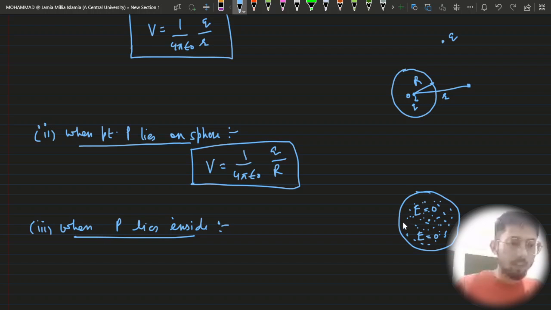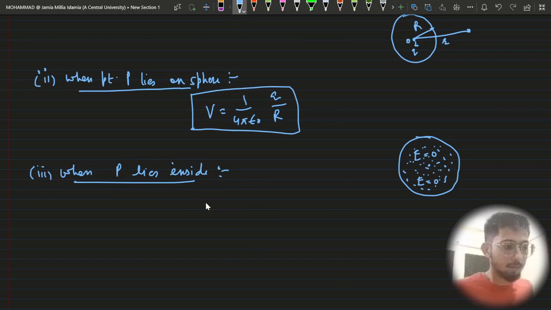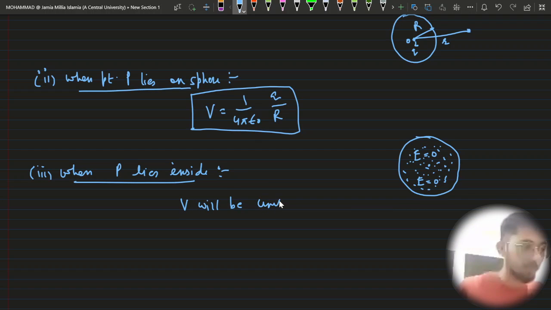Now when E is 0 at any point, that means the potential will be uniform, V will be uniform or constant.